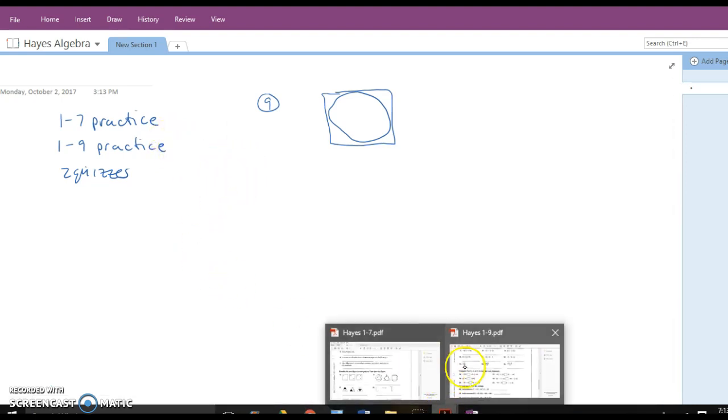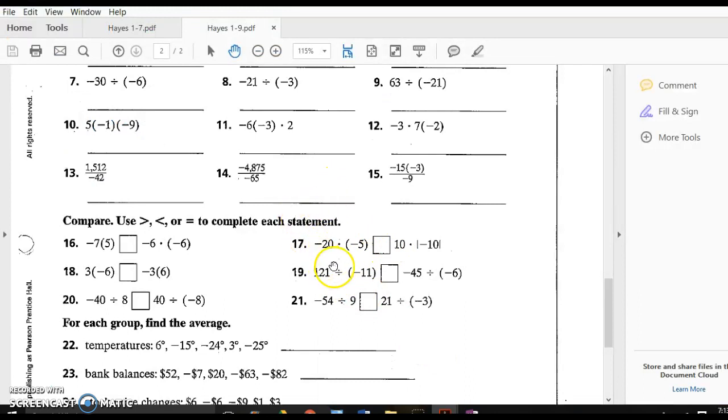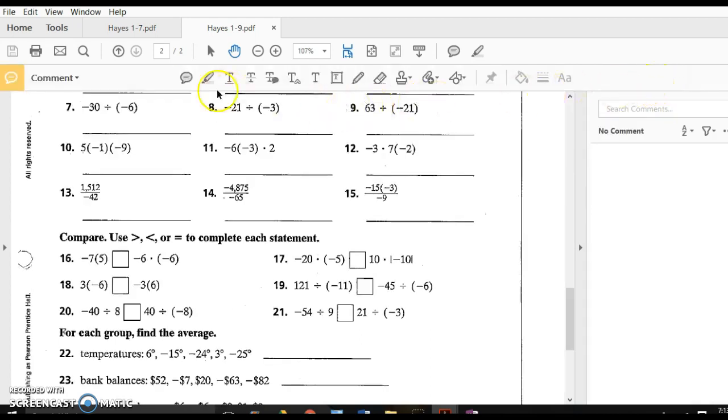if we look on 1-9, number 17, for some reason you divided. You did -20 divided by -5, but -20 times -5 is 100.